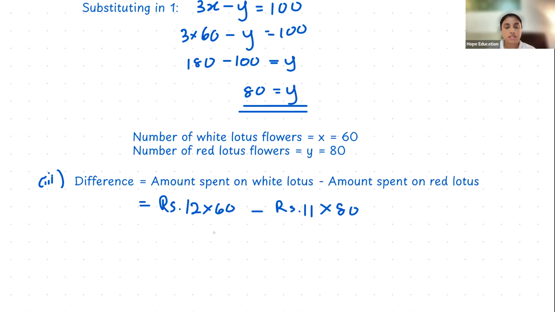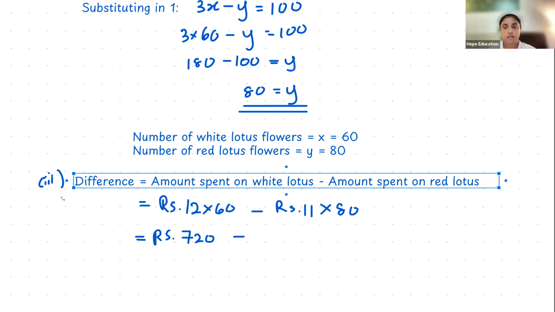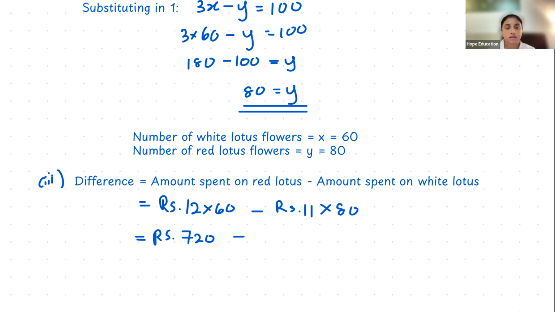So 6 times 12 is 72, 720 minus this is... red, white. So if this is a little troublesome, you can find them separately and then later do the subtraction.